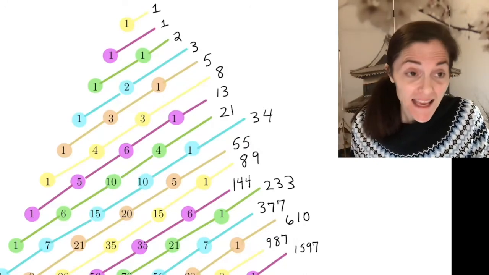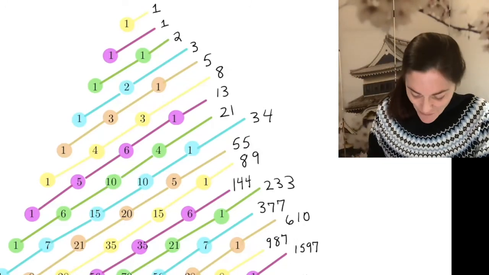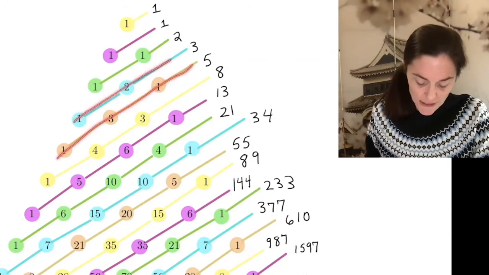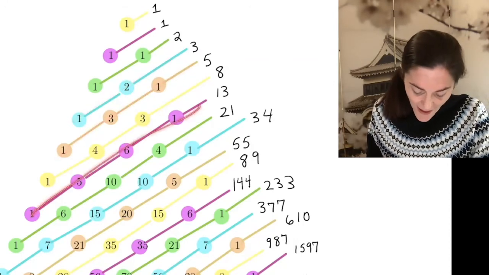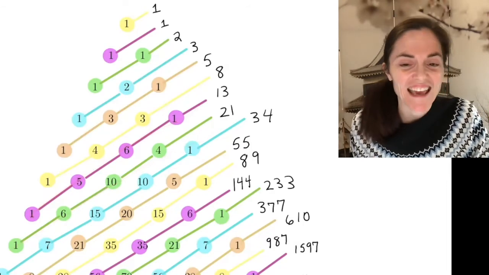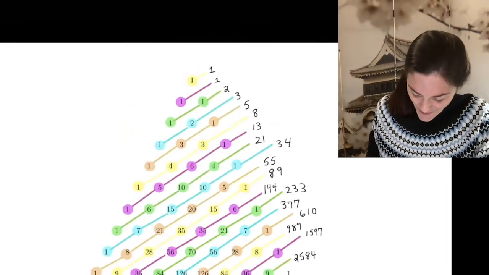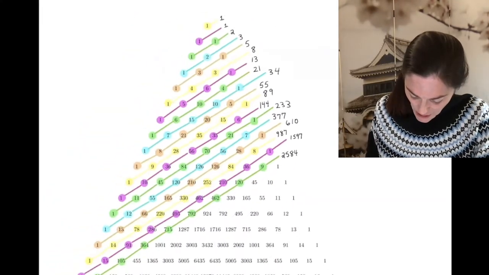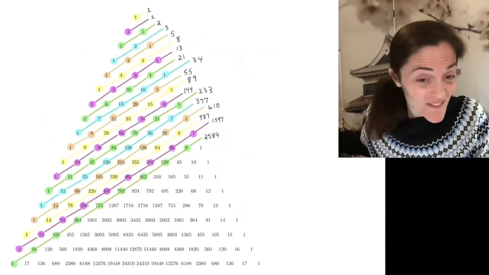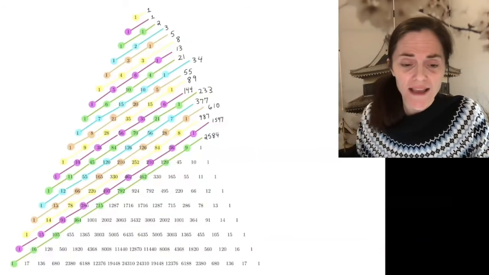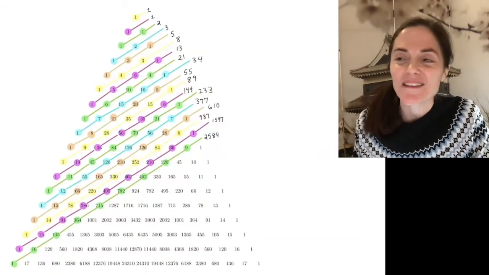But how they are related to Pascal's triangle really comes from these diagonals. If we add, as I colored this to indicate, you get exactly the corresponding Fibonacci number. And this would continue in this infinite Pascal's triangle. You would keep adding and you will get the Fibonacci numbers.